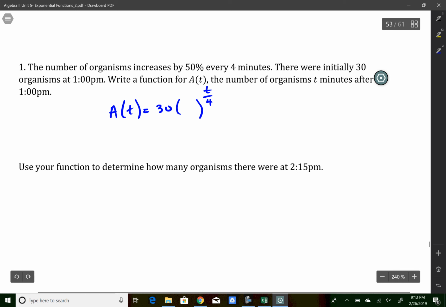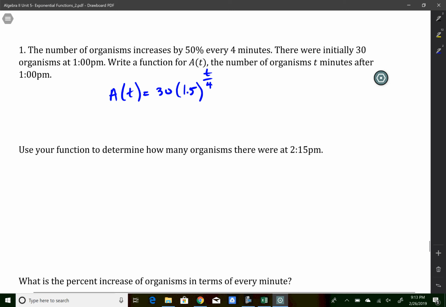We need to figure out what goes in that parenthesis. So in the previous lesson, we learned that we put a half there if it's half the amount of organisms after 4 minutes, but this is getting bigger, so this has to be more than 1. So since it's 50% more, 1.5 is the base.